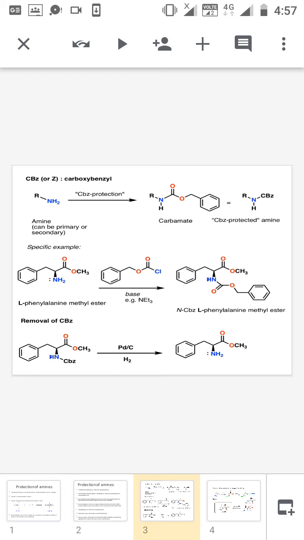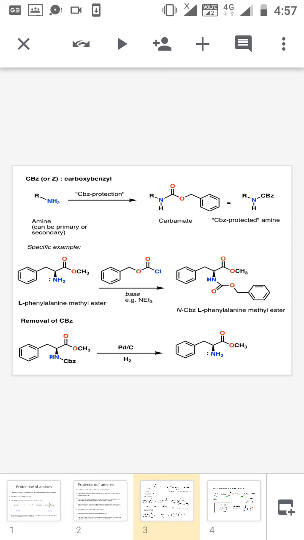For example, phenylalanine methyl ester, which has an amine as a functional group, is treated with benzoyl chloride. The chlorine in the benzoyl group and the amine in the phenylalanine methyl ester react together and we get the protected phenylalanine methyl ester.